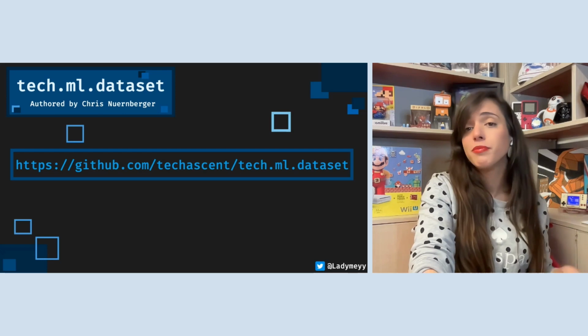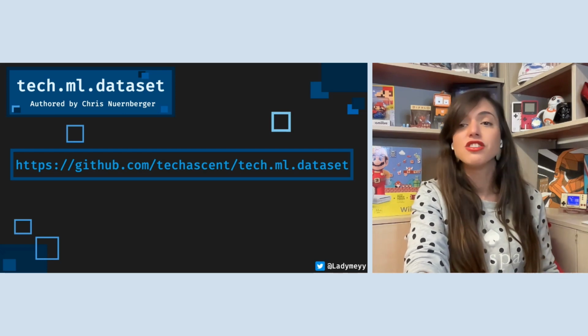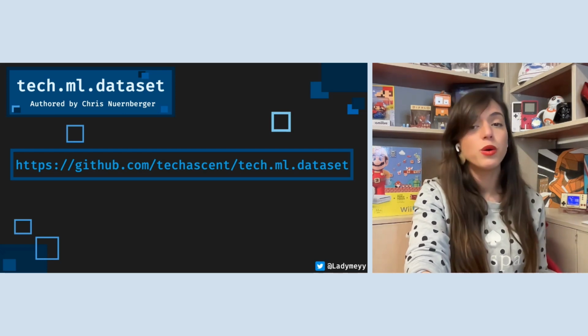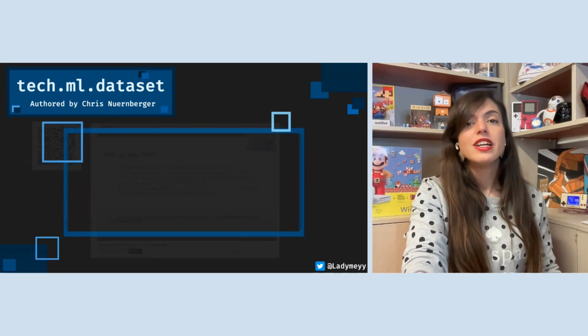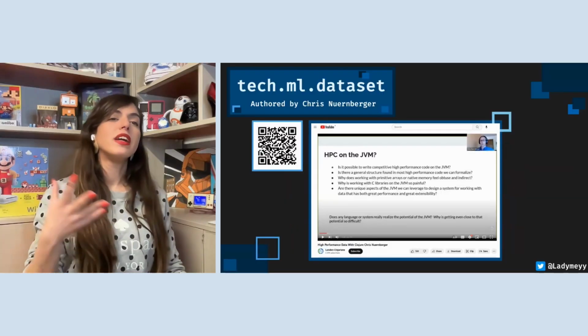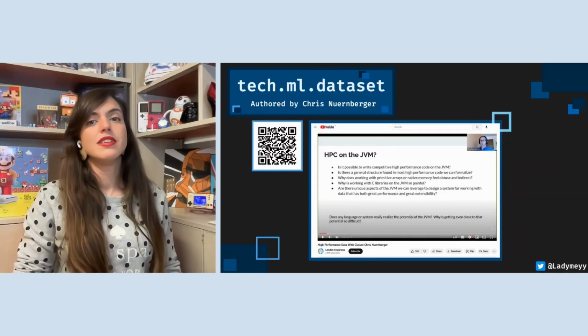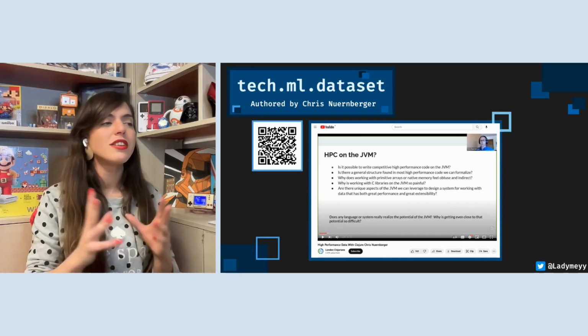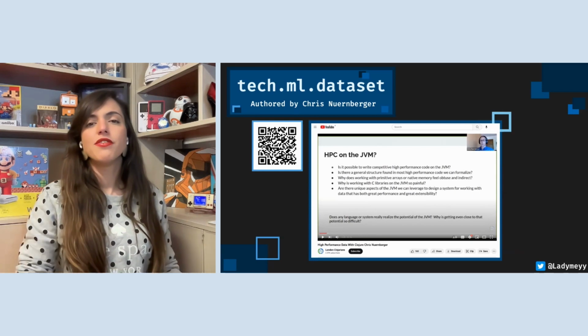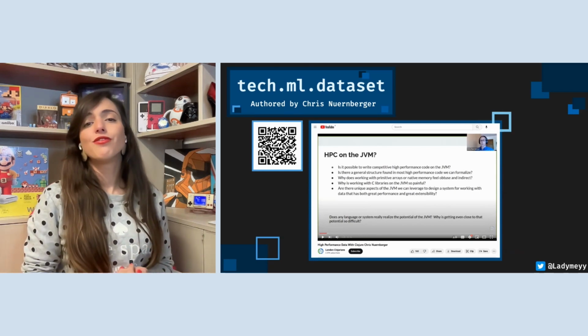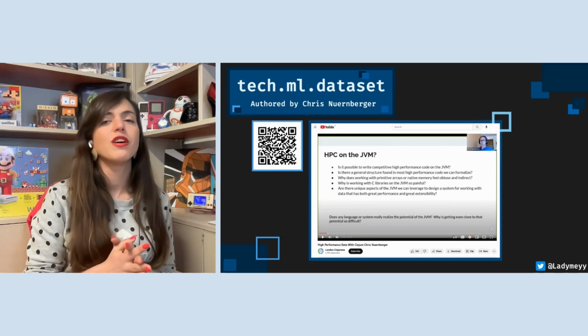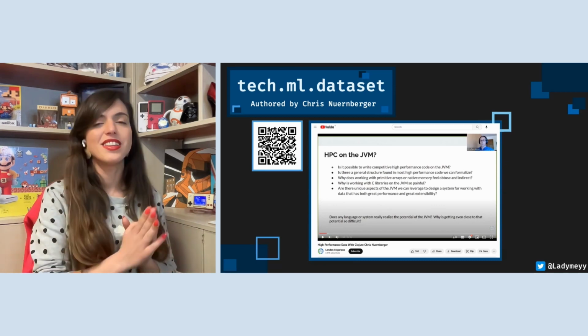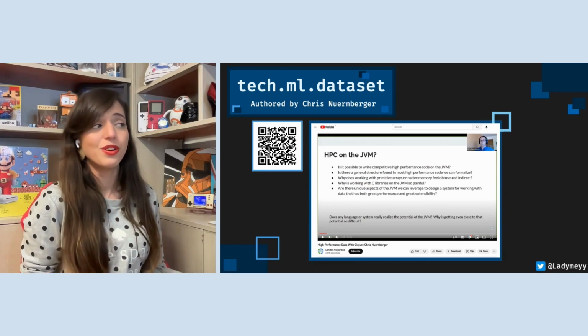It supports pragmatic data-intensive work on the JVM by providing powerful abstractions. Now, as I said, the main goal of TechML dataset is efficiency and high performance, and there's a lot to say about this. And if you want to hear more from Chris himself, the author of TechML dataset, I highly recommend this talk that is presented over here.